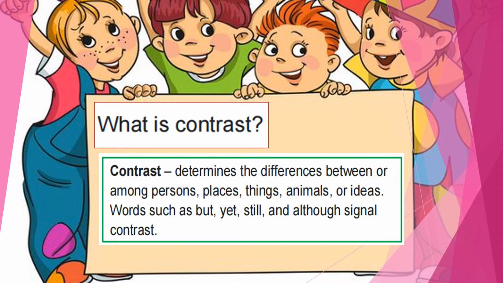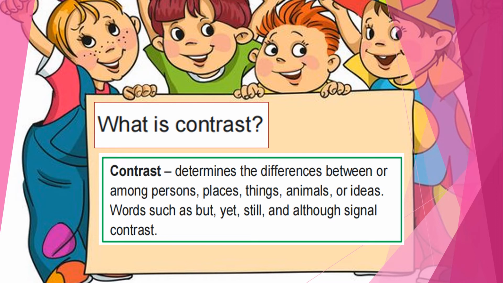Okay, everybody read. Contrast. Everybody, say it again. Contrast. Okay, start. Contrast determines the differences between or among persons, places, things, animals, or ideas. Words such as but, yet, still, and although signal contrast. Okay?